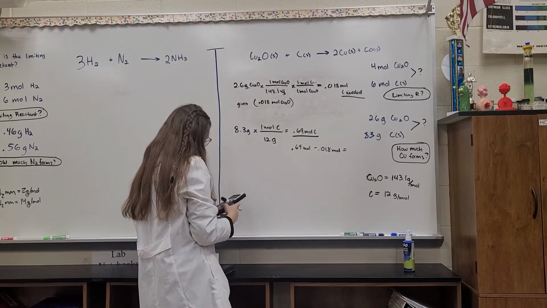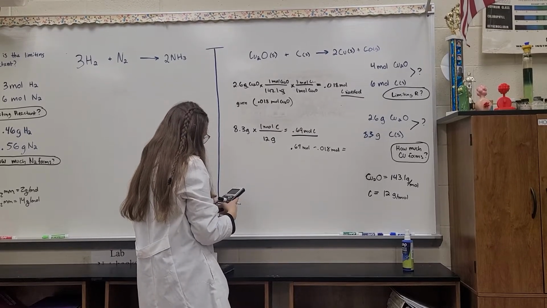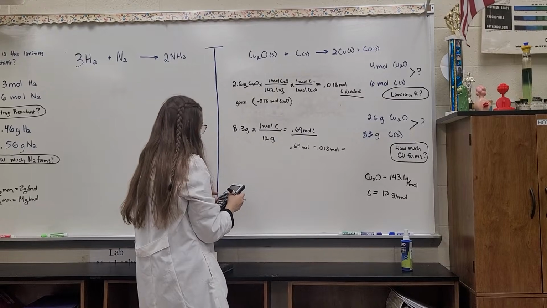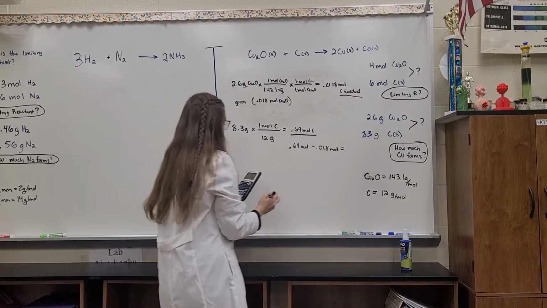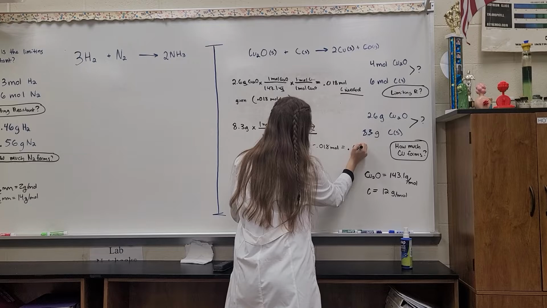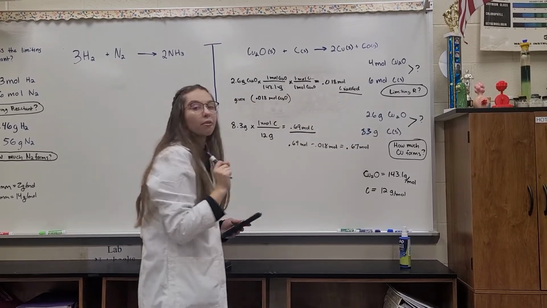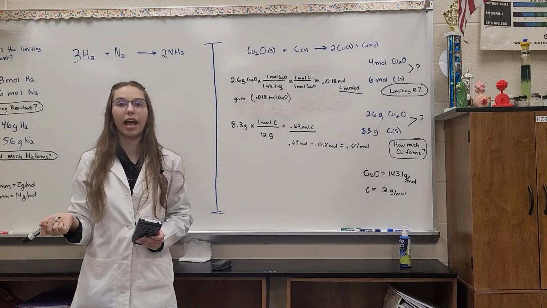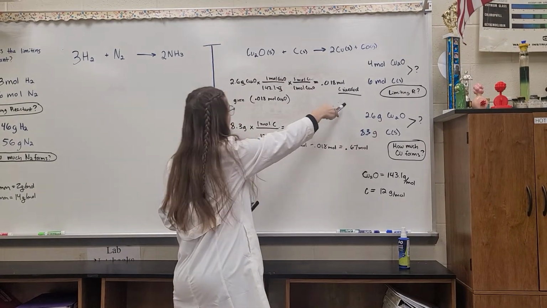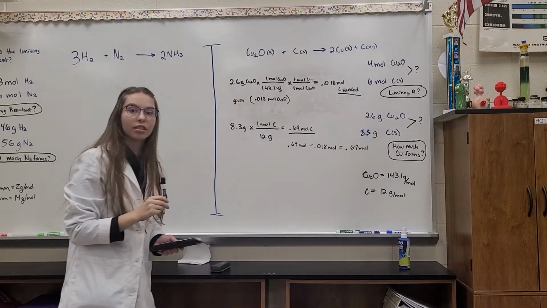That's going to give us 0.67 moles of excess carbon floating around that's unreacted because it has nothing to react with. Only 0.018 moles of carbon were able to react with Cu2O.